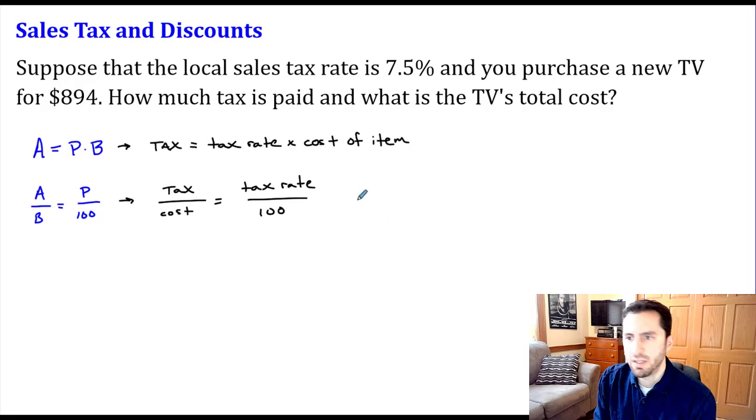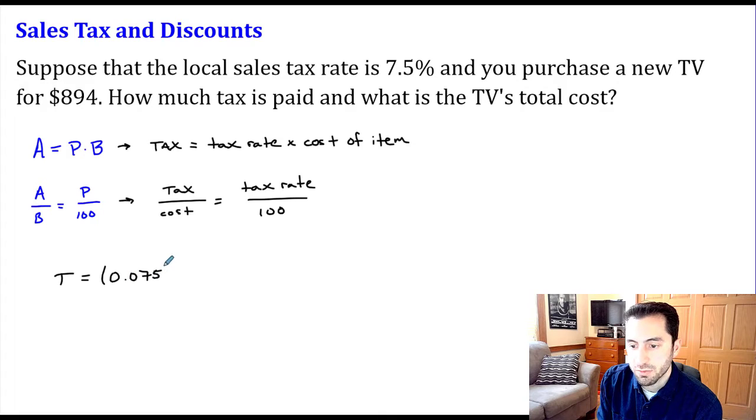Now that we have that set up, let's plug in what we know from our problem. Let's use our first equation here for the multiplication. Our tax, I'm going to write T for tax, is going to be equal to our tax rate, and in this case I need to write it as a decimal. So 7.5% as a decimal is 0.075.